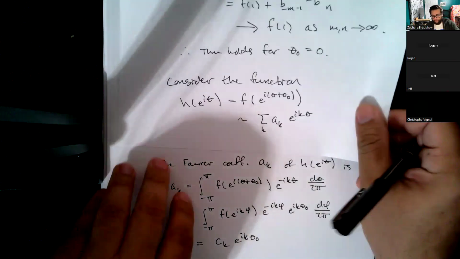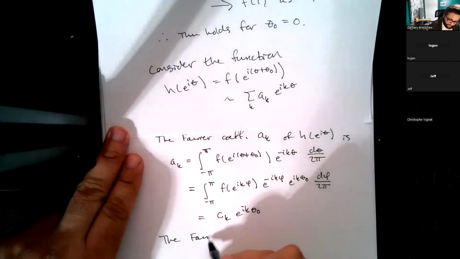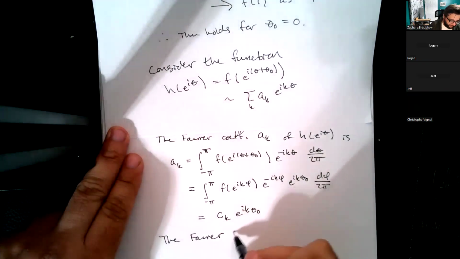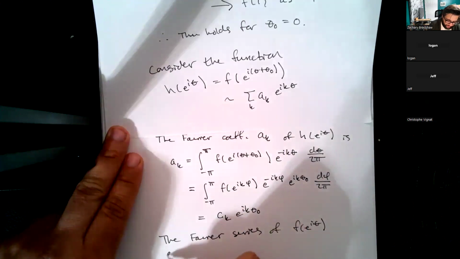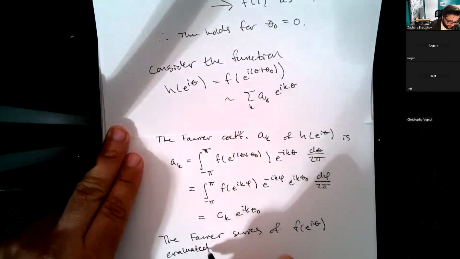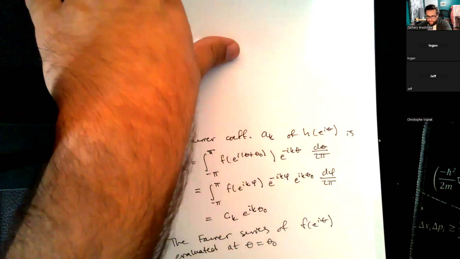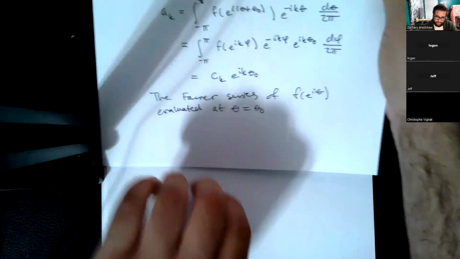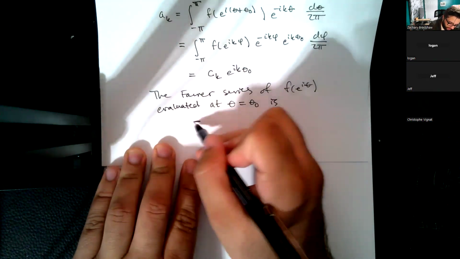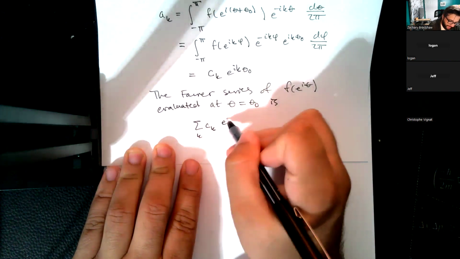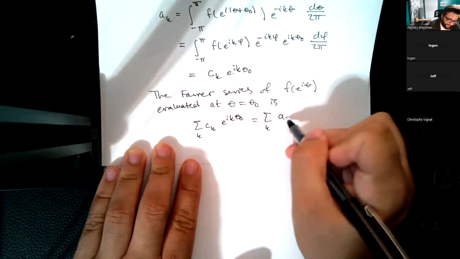So what this means is that the Fourier series of f of e to the I theta evaluated at theta equals theta naught is the sum over k of ck e to the I k theta naught, which is the sum over k of ak.